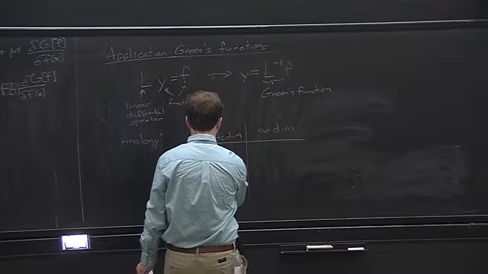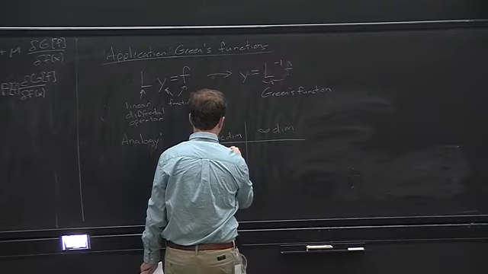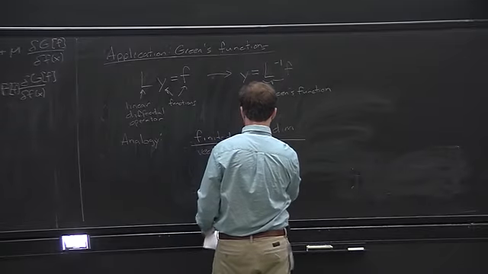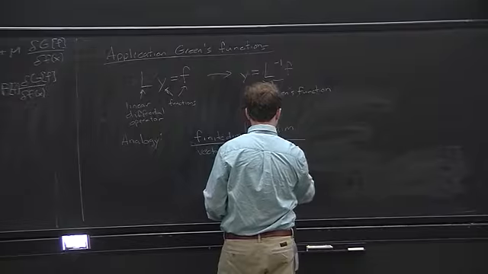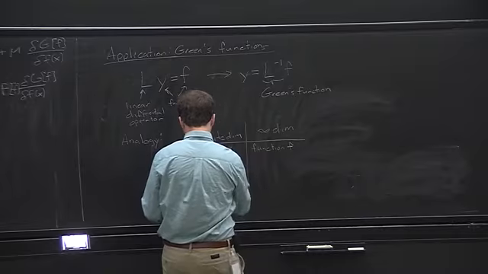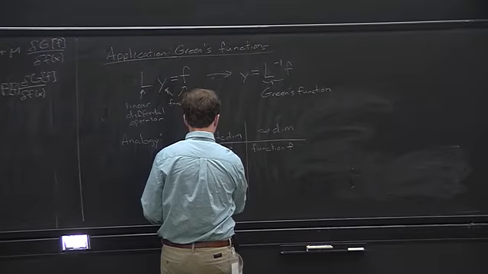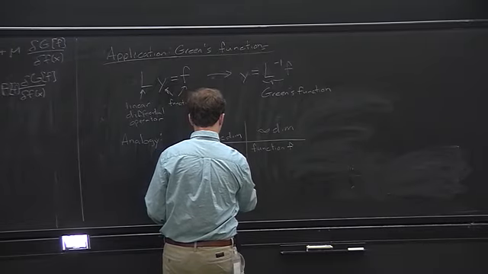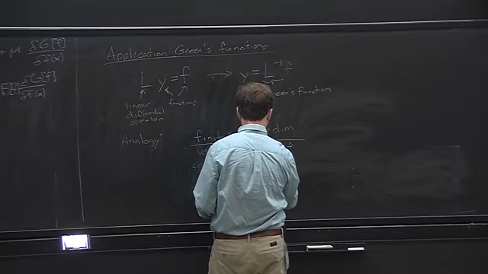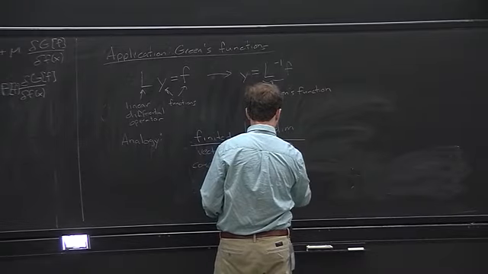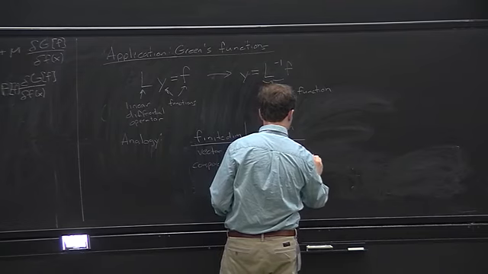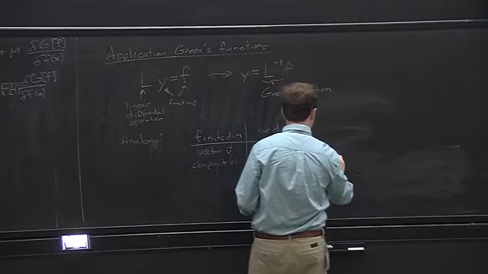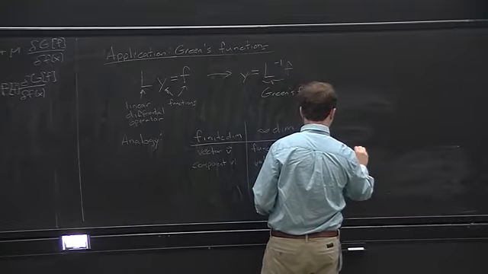So the analogy is that if we have a vector v, that's like a function f. We have a component v_i that's like the value of the function at a point, f of x.